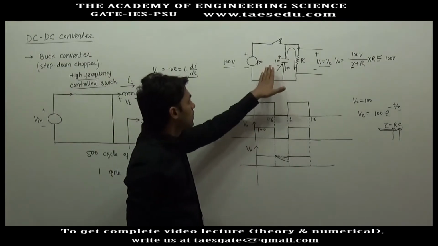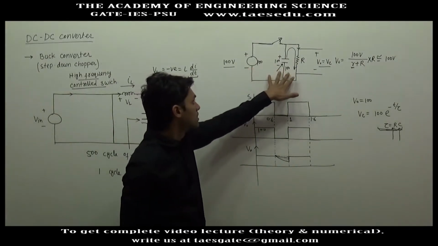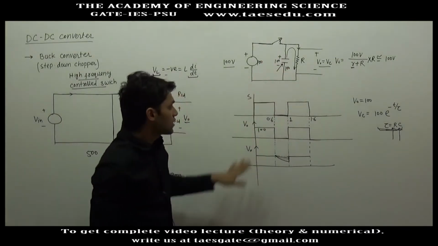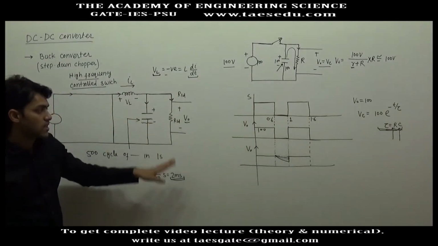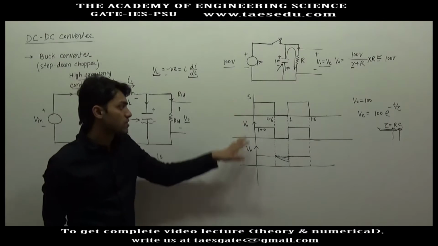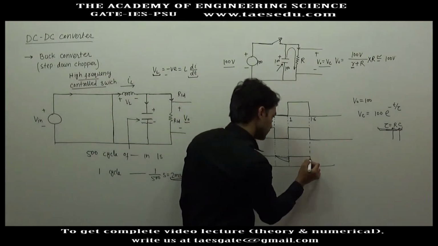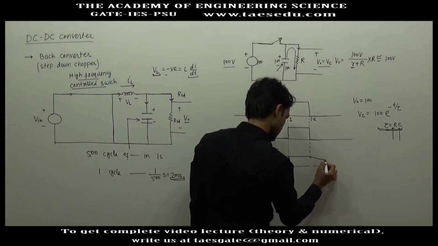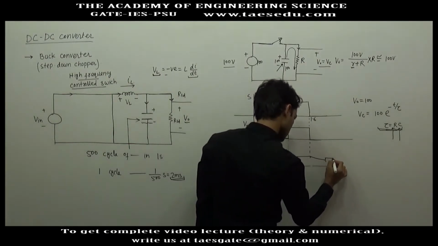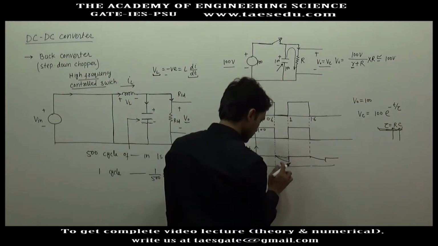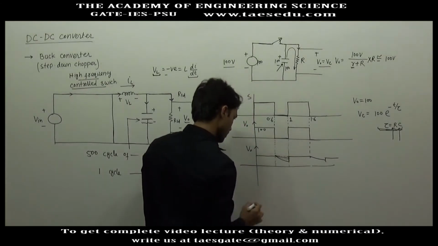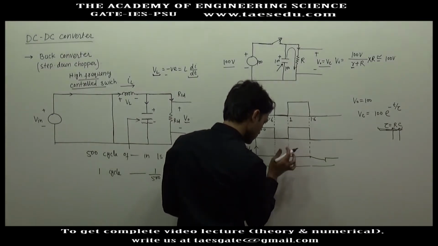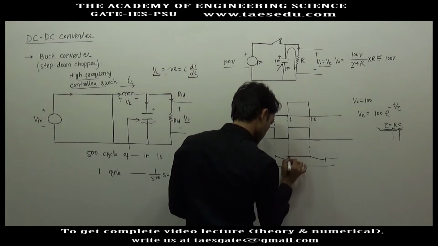Although, as I said, two voltage sources cannot be connected in parallel, and switching operation cannot be done this way, I have taken this example just to illustrate the role of the capacitor. Then again, when you disconnect it, you will get the output voltage as this. So what is the overall graph of output voltage? You take one of these 3 or 4 voltages, and the graph of output voltage is like this.